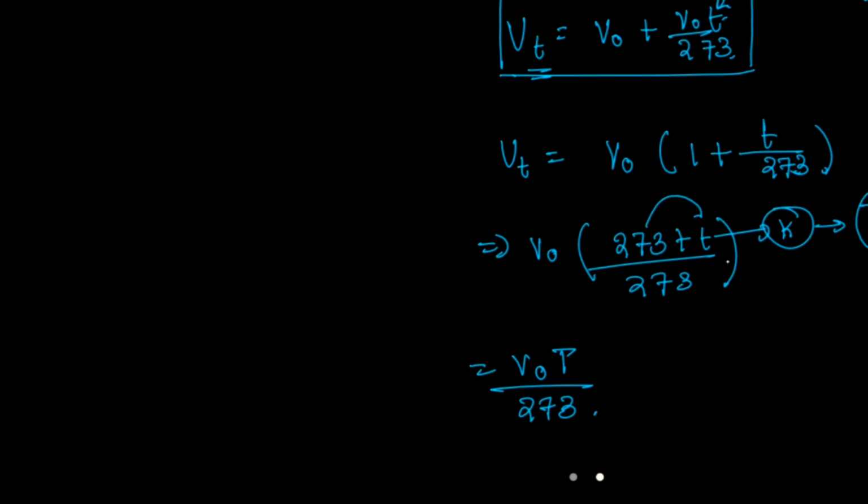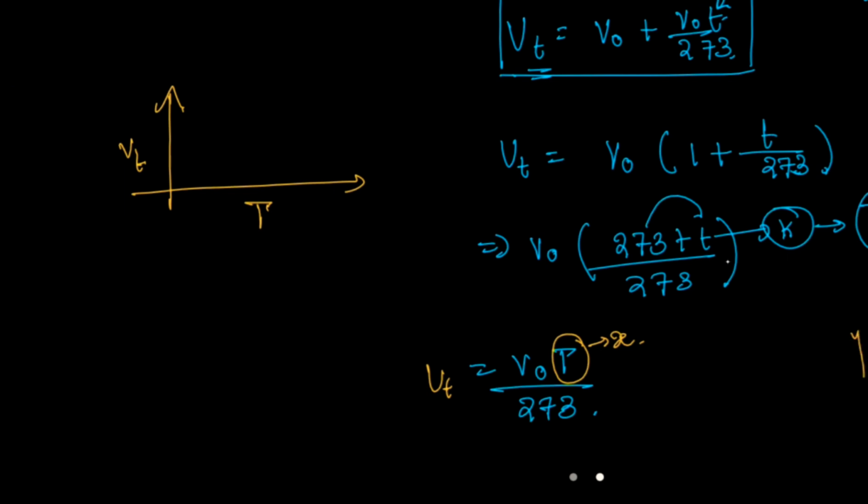So right now, if I try to draw a curve in Kelvin scale with Vt, this is in the x-axis, look into the curve. If I talk about y equals to mx plus c, whatever is there with x, that's called m.